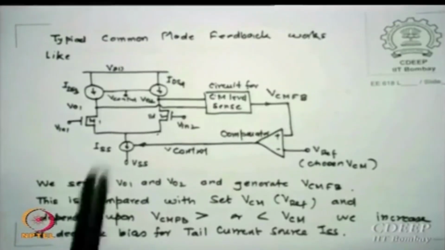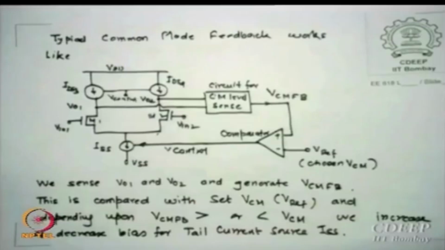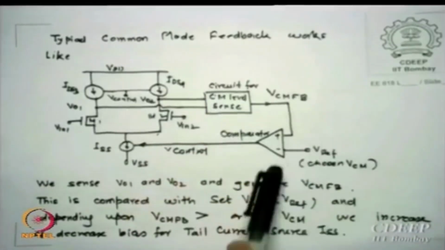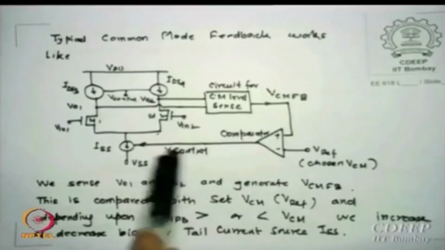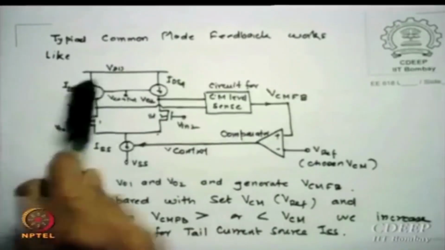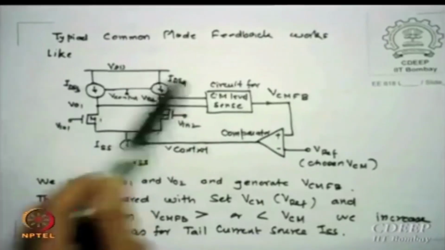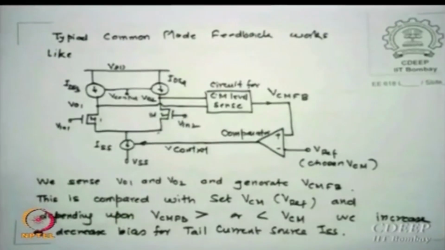So please remember, we sense the VO1 and VO2 outputs, generate this, compare with the reference, and create a control voltage which controls the currents in either IDS3, IDS4, or ISS. One of them can be controlled.